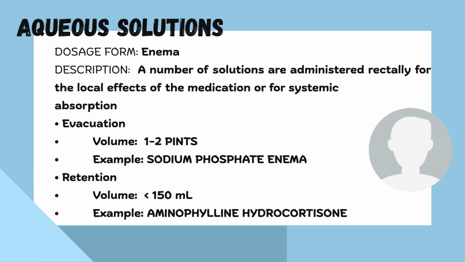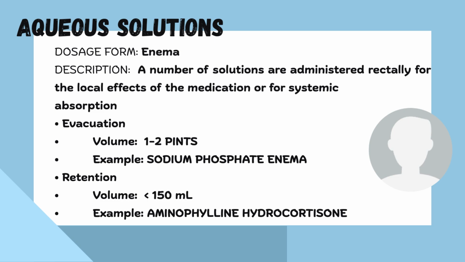And then second, retention enema. So the purpose, the solution is retained in the rectum for absorption or local treatment. Volume less than 150 ml. Okay, its action can be systemic, or absorbed into the blood, or local. And then examples like aminophylline enema for bronchial asthma, systemic na siya, okay?